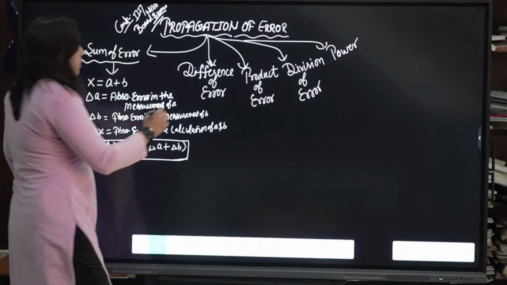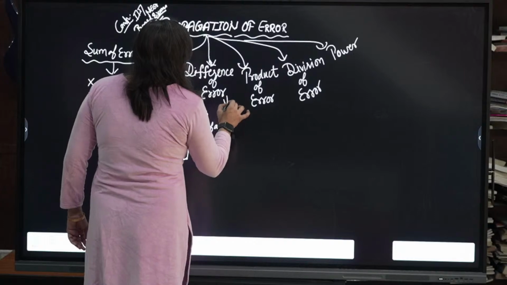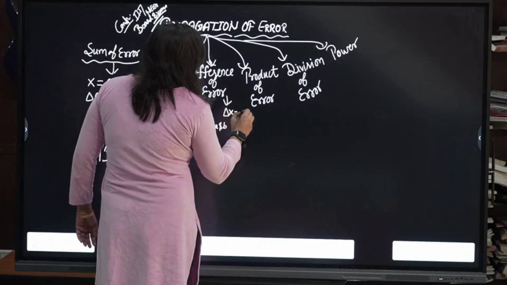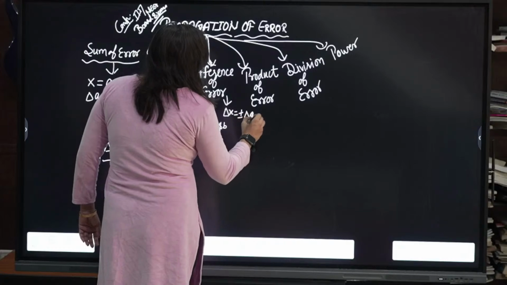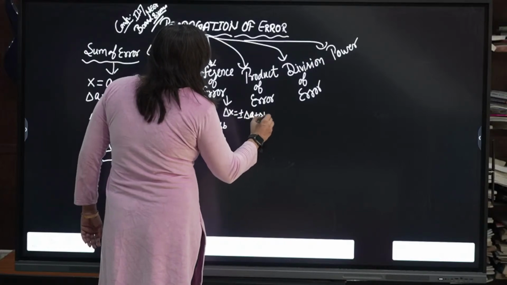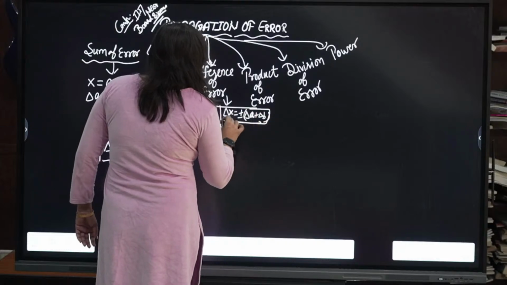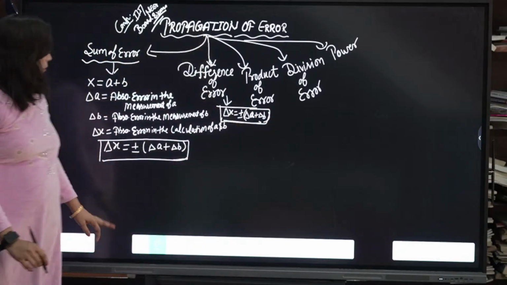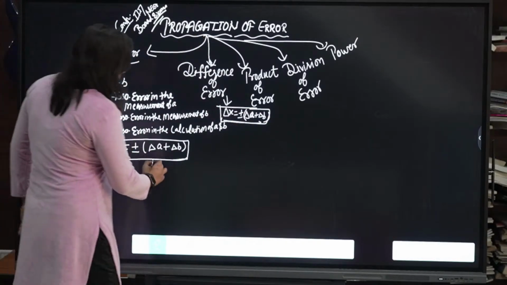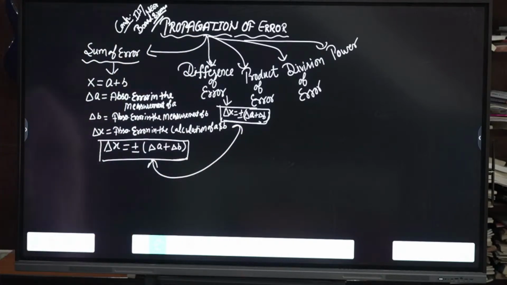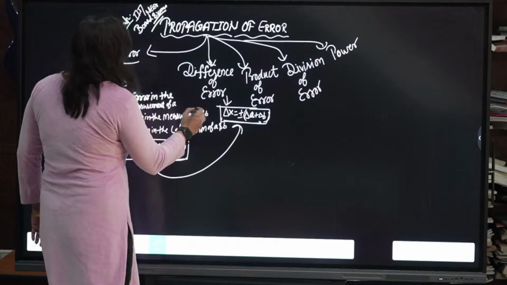And same thing when we find out difference of error, then same result we obtain: del X is equal to plus minus del A plus del B. मे बी सम ऑफ एरर हमें फाइंड आउट करना है या डिफरेंस ऑफ एरर, एरर्स फॉर्मूला रिमेन सेम, ओनली आपकी सिंपल ऑब्जर्वेशन वैल्यू या डायरेक्ट वैल्यू में डिफरेंस आएगा.